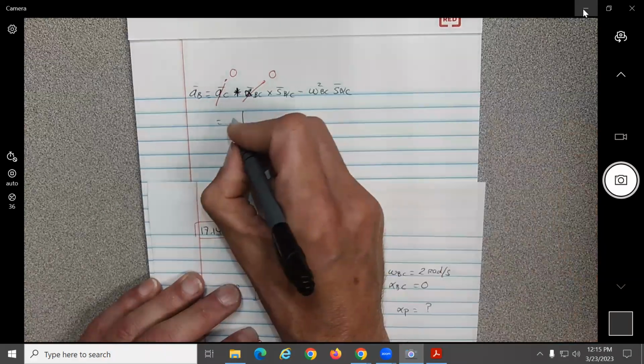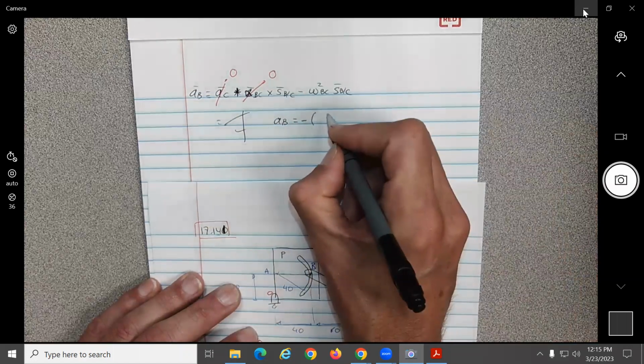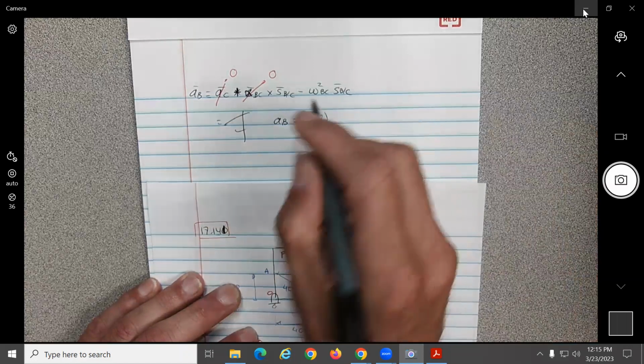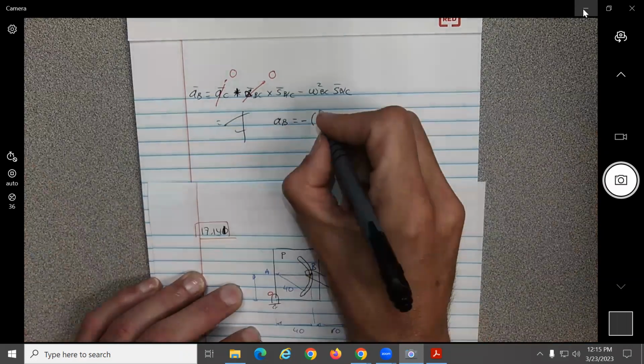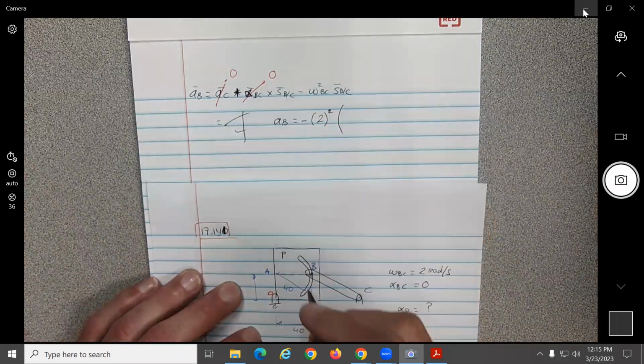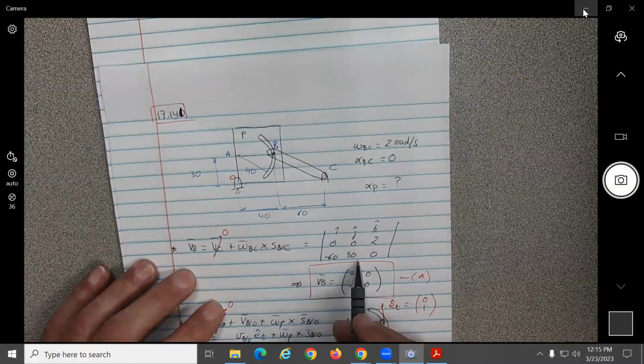So correct. So we have AB will be equal to minus, how was omega B? 6. No, it was given to us. Omega B is 2. Is it 2? Yeah, so 2. Guys, is it 2? Yes. So 2 squared, and position of B with respect to C was negative 60 and 30, no?